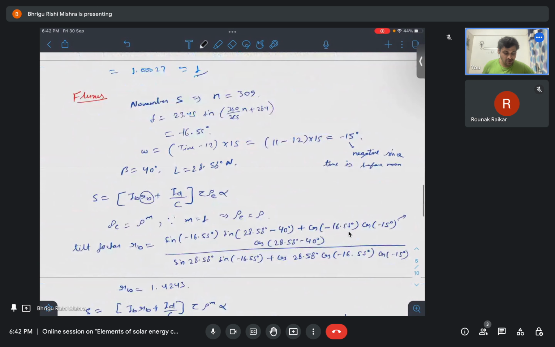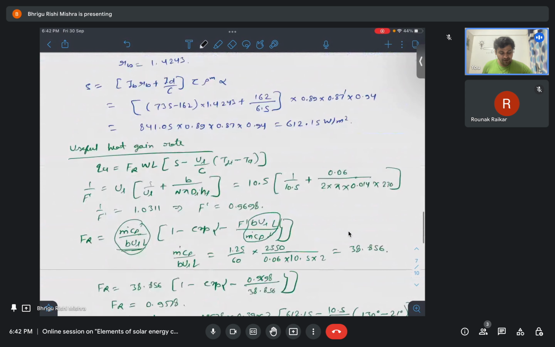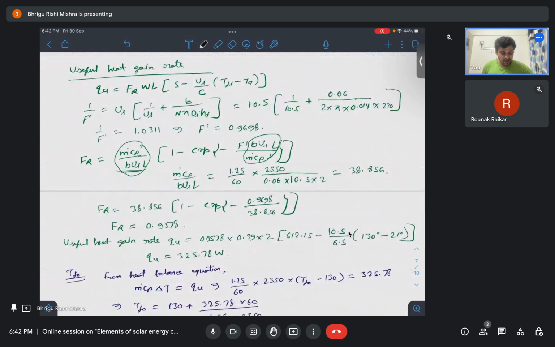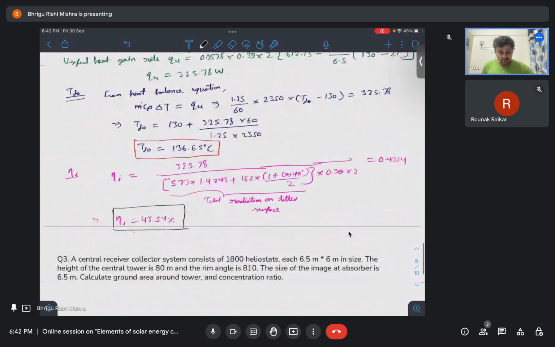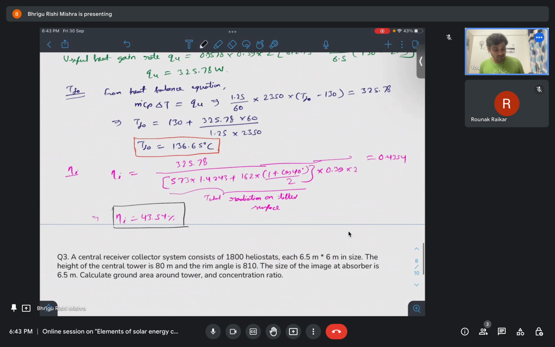Then we calculated the useful flux hitting the absorber of the CPC, and then the useful heat gain rate, and now we had all the things to calculate the required quantity, that means Tfo, the outlet temperature of the fluid, and eta i, that means instantaneous efficiency.